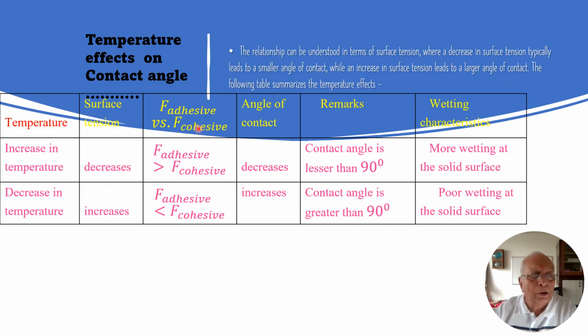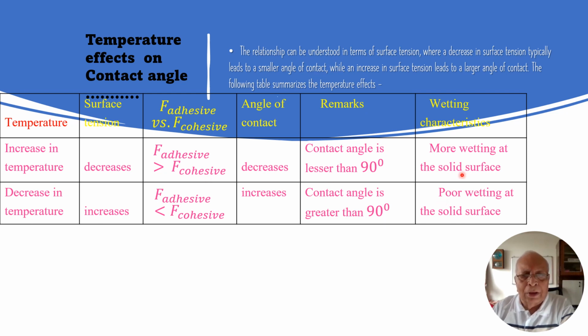Now, here is a table depicting the change of temperature, surface tension, adhesive forces, variation of effective forces and cohesive forces, angle of contact, and wetting characteristics. You may go through it, and it's very obvious that when the temperature increases, surface tension decreases, and angle of contact also decreases because the adhesive forces become greater than the cohesive forces.